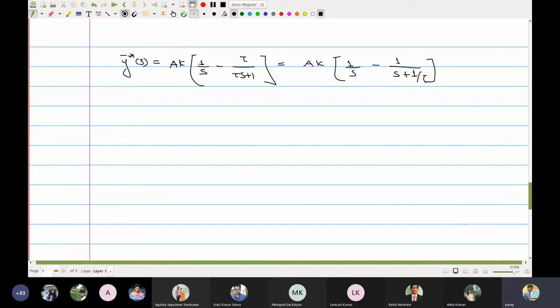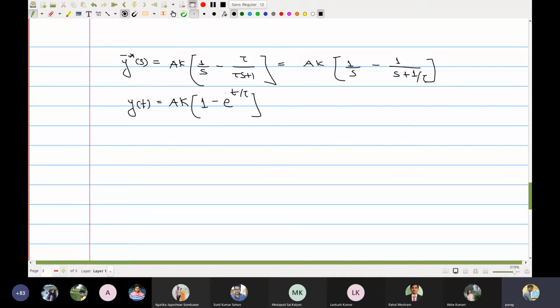If you have any doubt, please stop me and I will clarify it further. So now I am free to take the inverse. So y of t will become Ak times 1 minus e to the power minus t by tau.